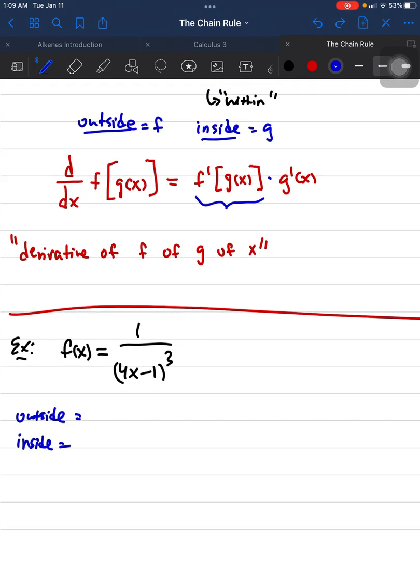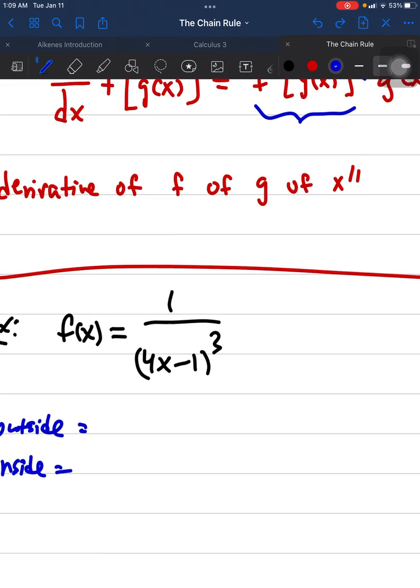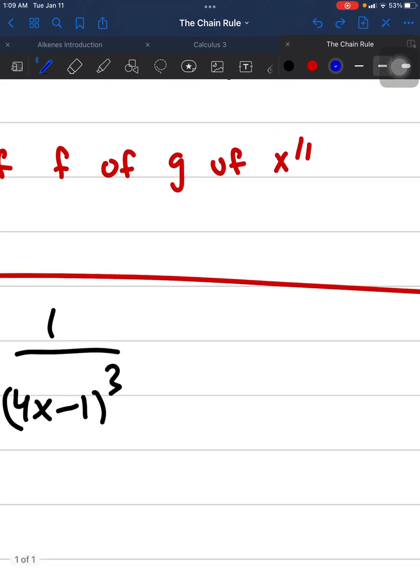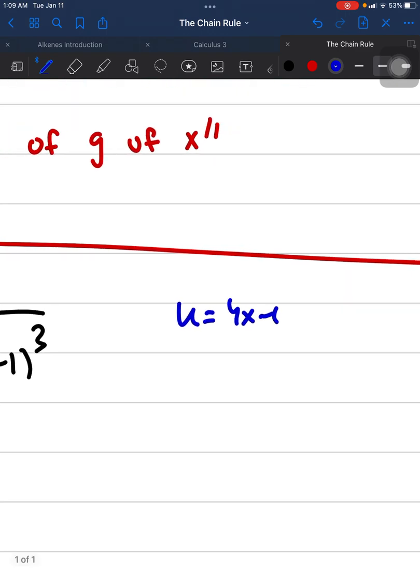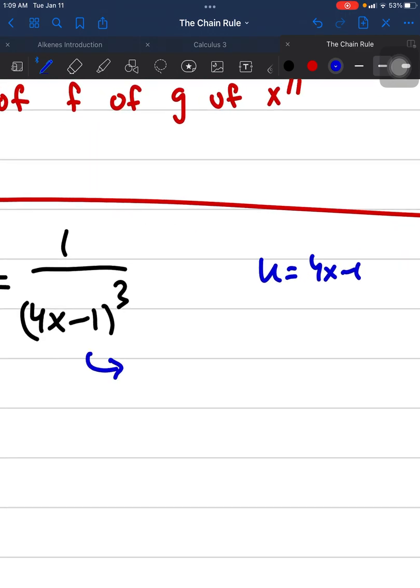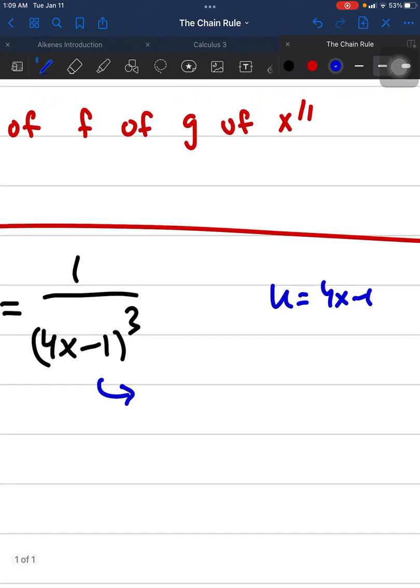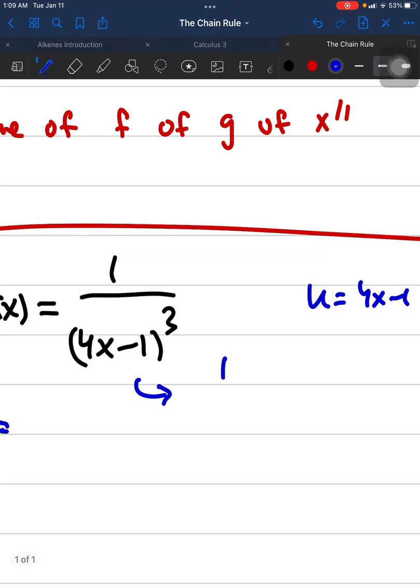So what we're going to do is use a little property called u substitution for derivatives, and it's just a simple property. We basically make u like any variable, but it's usually going to be the variable u. We can make u equal 4x minus 1 and change this function when we're trying to calculate the derivative of the outside function. We can change this function into 1 over u cubed. It's basically the same thing as 1 over x cubed, but we're using u just to keep everything organized.